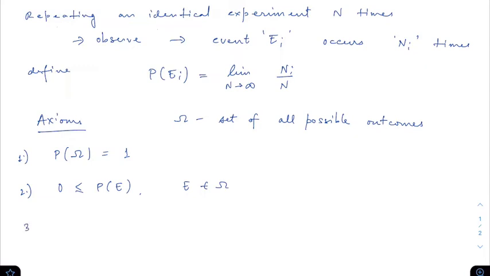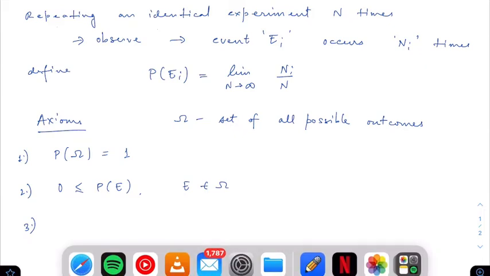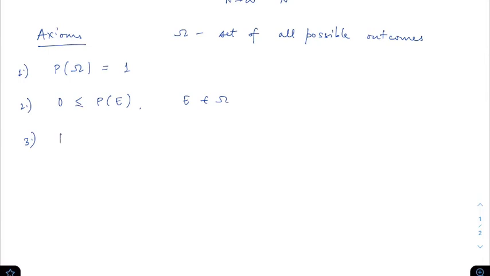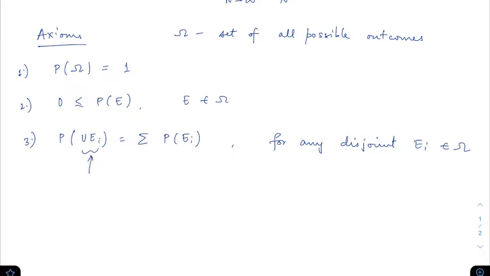Next, basically, for any disjoint E_i belonging to the complete set, this equality, that is the probability of the occurrence of the union of these disjoint sets, should be equal to the sum of the probabilities of these individual events.